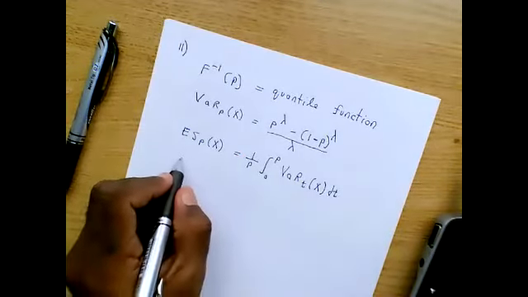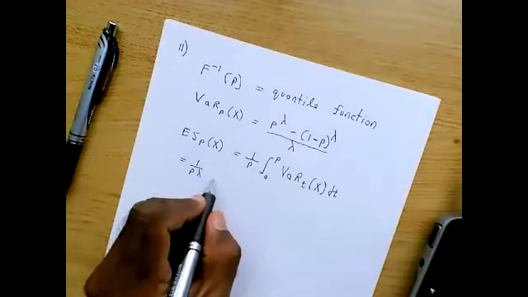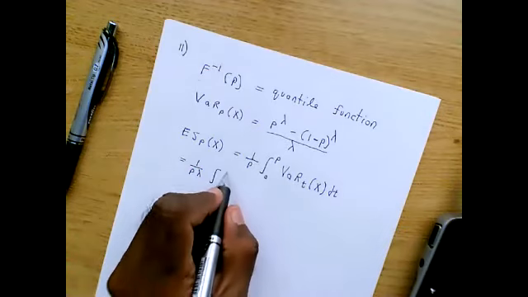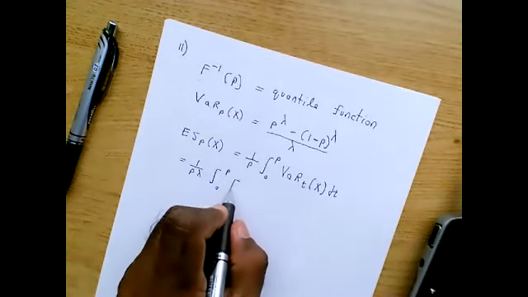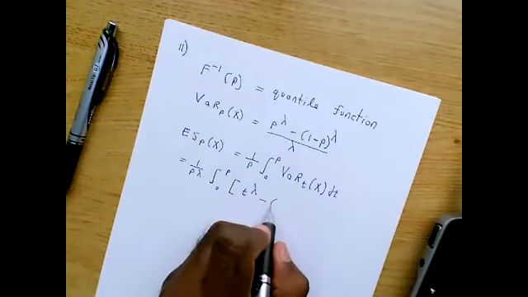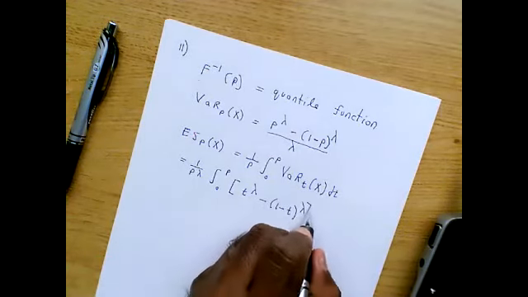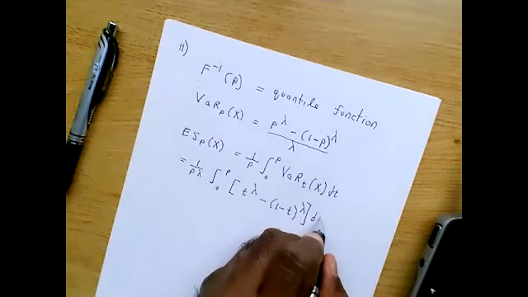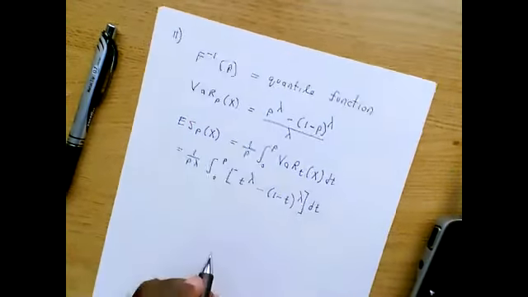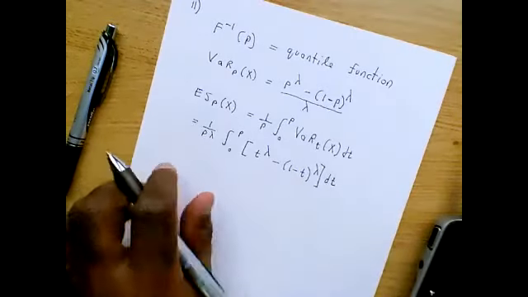So this is going to be 1 over P, lambda, 0 to P. Now the integral of this is not difficult, right?